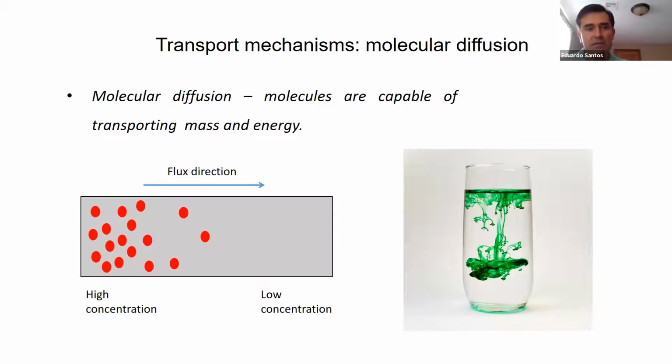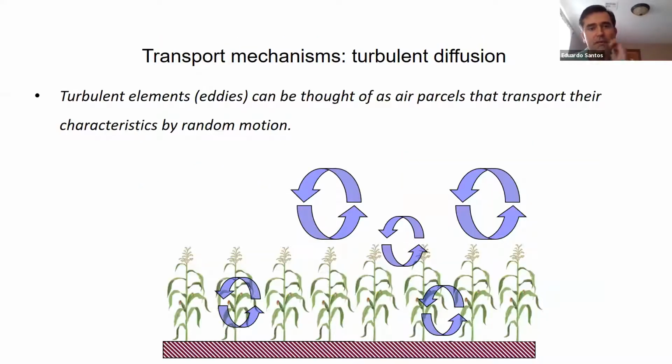Okay, another process that's important for us is turbulent diffusion, I guess you can call that. And that's caused by random motions of air. So you have wind, and then you have these eddies or turbulent motions that form because of different factors.